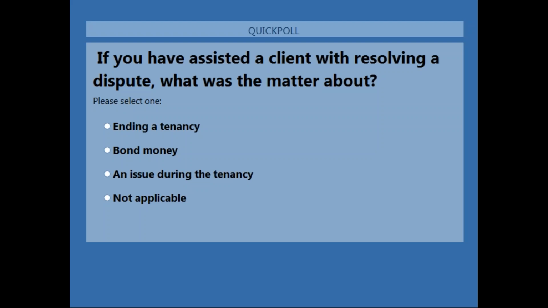Excellent. So everyone, you should see that poll come up on your screen, and I apologise, I should have done this before. I'll read the poll out in case you have problems seeing that. If you've assisted a client with resolving a dispute, what was the matter about? A, ending a tenancy, B, bond money, C, an issue during the tenancy, or D, not applicable. I'll just give you another 30 seconds or so to enter your responses, and then we can share those results with you.